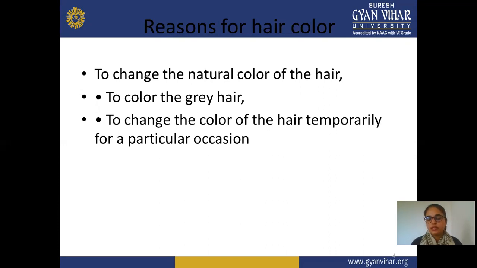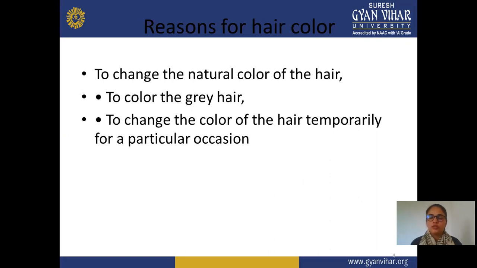Some people with aging problems have their hair change into gray color, and the color of the hair may also be changed temporarily for a particular occasion. A coloring agent is applied for some period of time for a certain occasion or purpose. This is a temporary type, maybe one or two days, removed by a single wash, or maybe lasting for months.